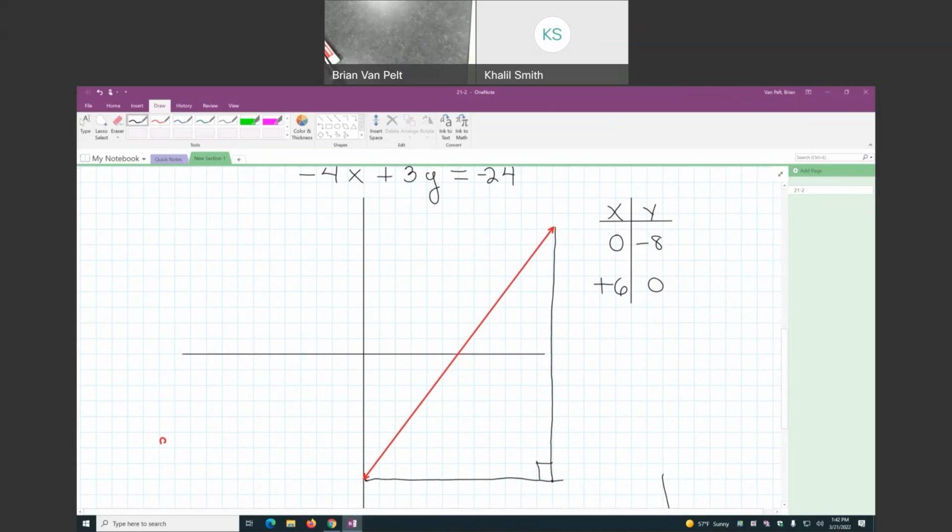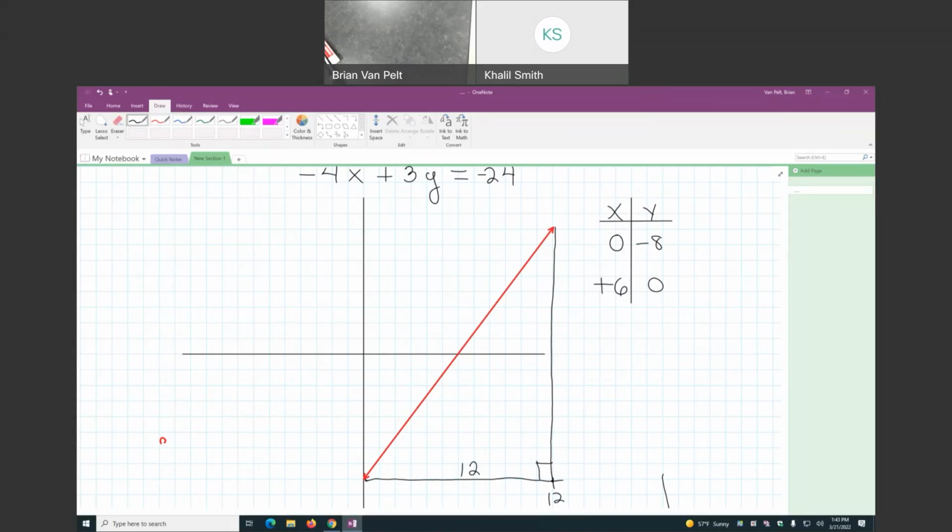What I'm more interested in is how far this is. Starting at x equals 0, it got to here. That was 1, 2, 3, 4, 5, 6, 7, 8, 9, 10, 11, 12. So this spot here is when x is equal to 12. So the length of this base is 12 units.